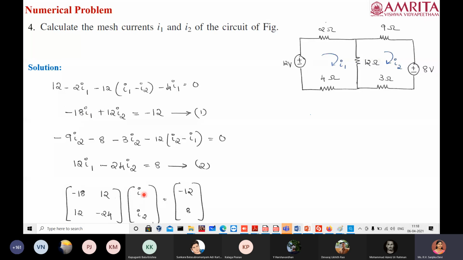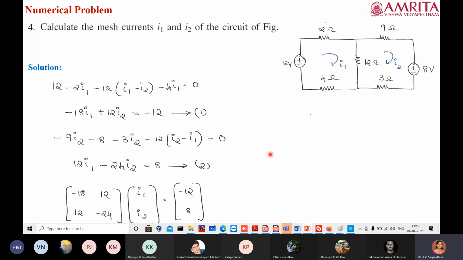So list down the two variables I1, I2, and write their corresponding coefficients in the form of a matrix. It is equivalent to representing equations 1 and 2 in matrix form. The coefficients are -18 for I1 and 12 for I2. Similarly, for the second equation, the coefficient for I1 is 12 and the coefficient for I2 is -24. And on the right hand side, write the constants.